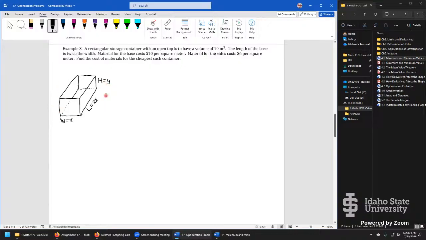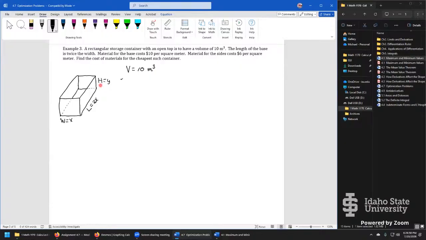So there's our rectangular storage container. We have a requirement on volume, 10 cubic meters. So we can start by writing volume is 10 meters cubed. But from this statement, we also have some algebra that we can write down based off that information. Volume of a box is just the width times the length times the height.